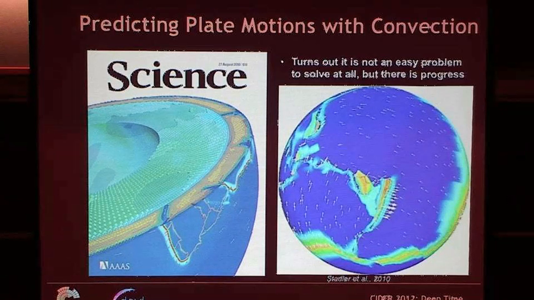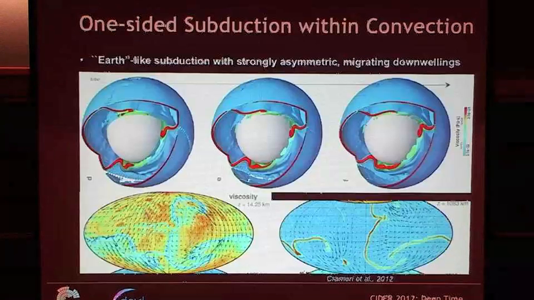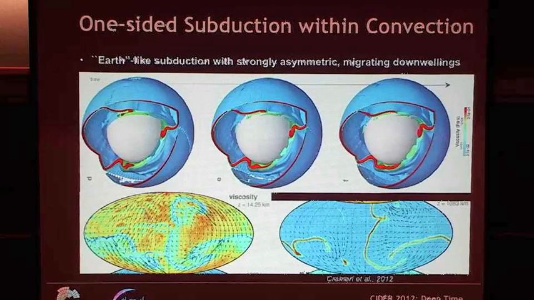The other exciting development is having one-sided subduction in global mantle convection models happen spontaneously, which is strongly asymmetric and has migrating downwellings. This is really driven by this innovation of getting a free surface into the models. If you look at this model, this is a subducting slab.